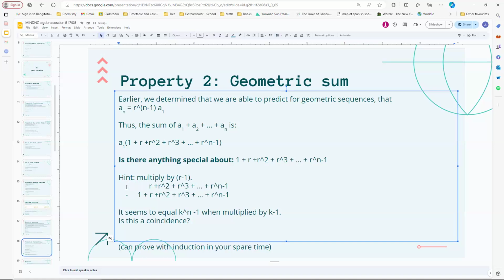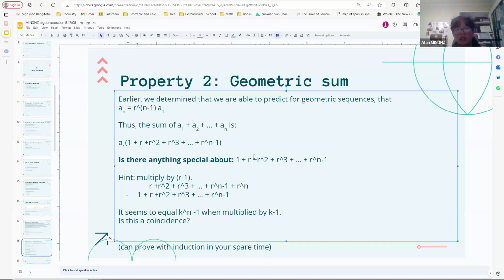What you can do is, we've got a hint here, multiply everything by r minus 1, and a lot of nice cancellation happens. Essentially, all of these middle terms from r to the 1 to r to the n minus 1 cancel out, so we're left with r to the n minus 1.